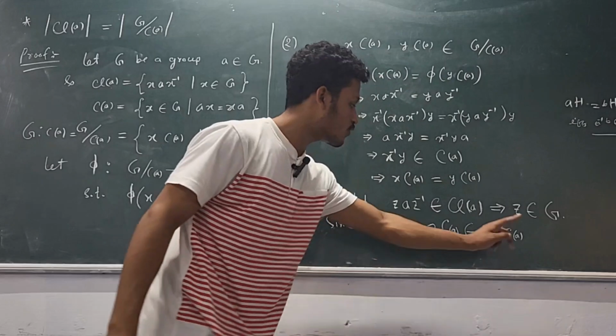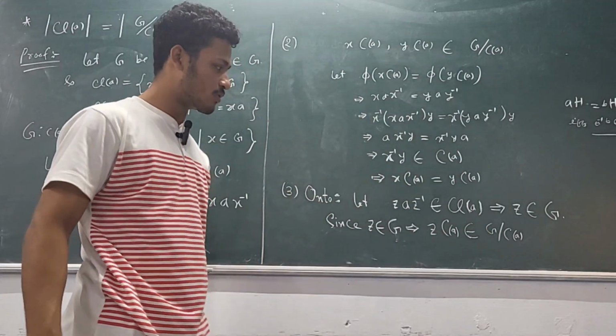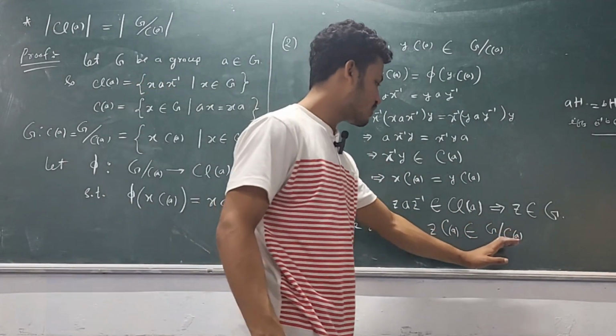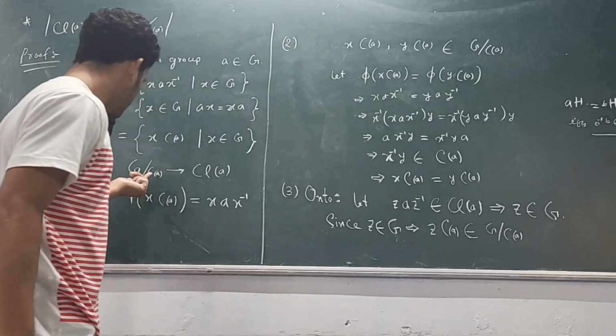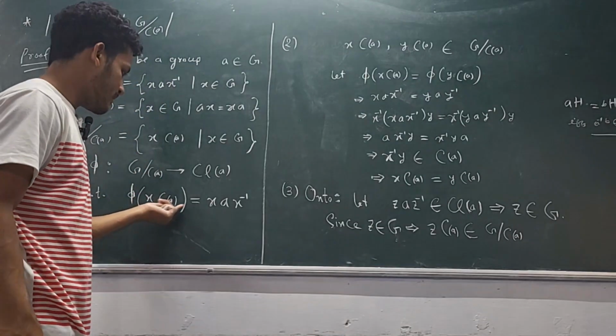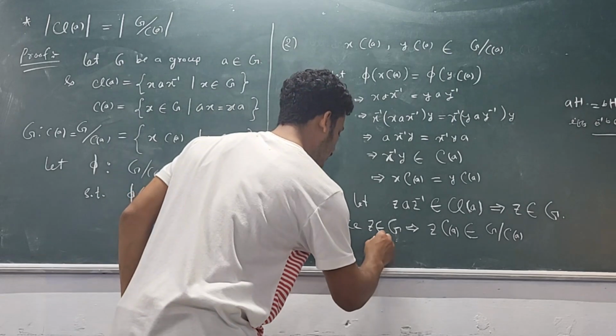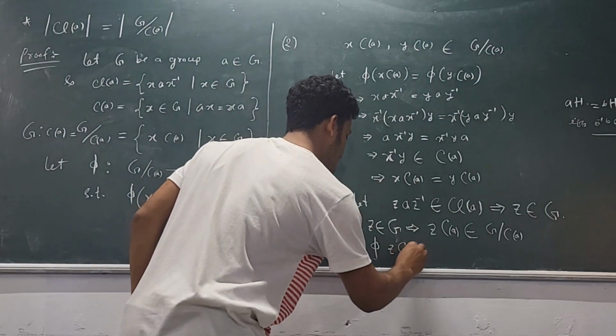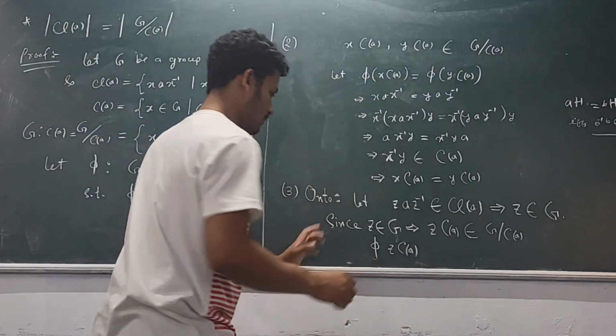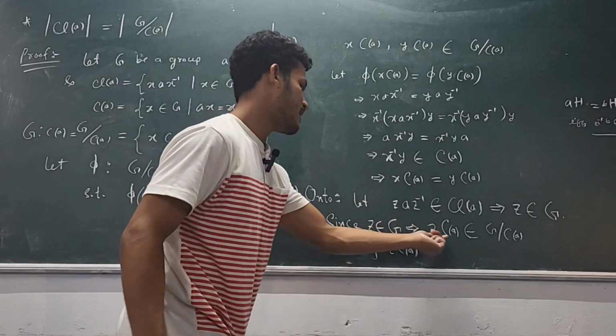This coset belongs to this factor group. If zC(a) belongs to this factor group, by the definition phi of xC(a) is equal to x a x inverse, that means phi of zC(a).